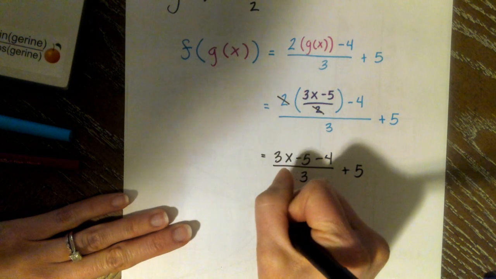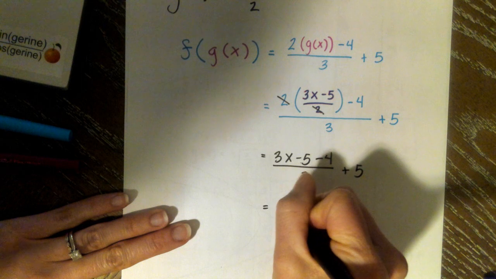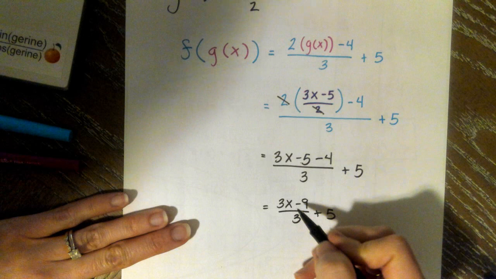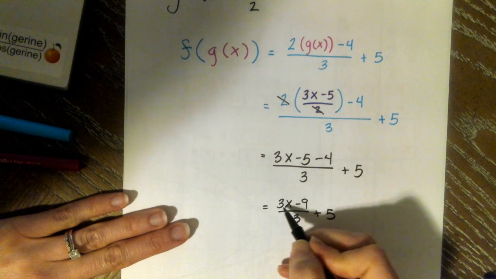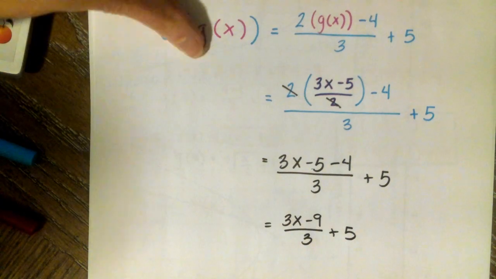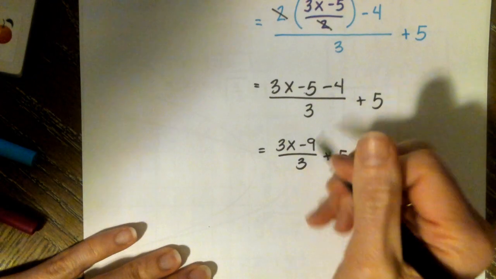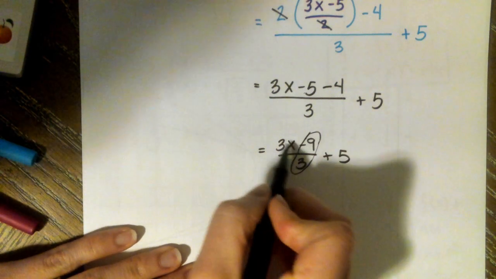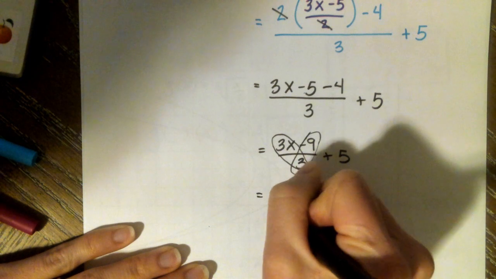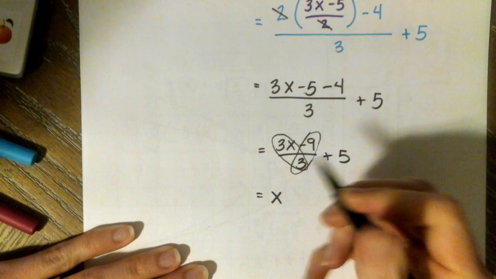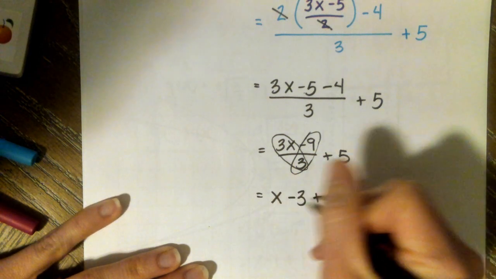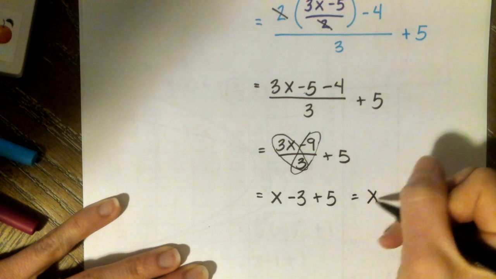Now I combine like terms. So this is minus 9, so 3x minus 9 over 3 plus 5. So now I look here. When you have two things divided by one thing, you divide here and you divide here. So 3x divided by 3 is x. Negative 9 over 3 is negative 3 plus 5. So that gives me x plus 2.